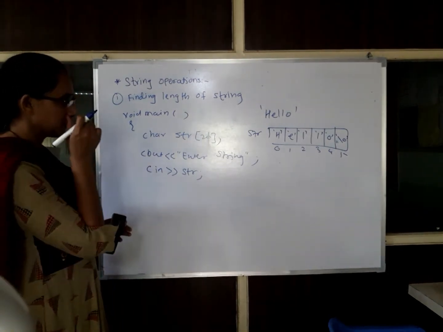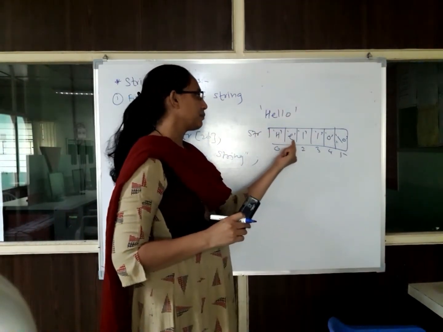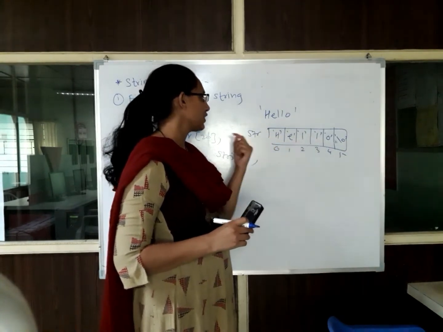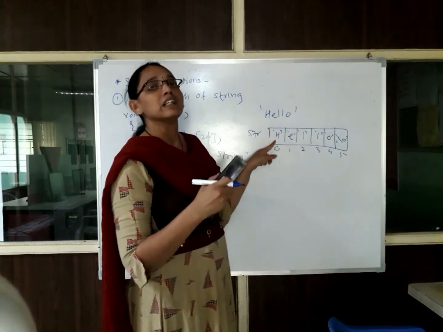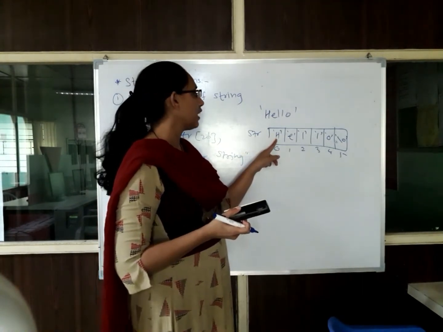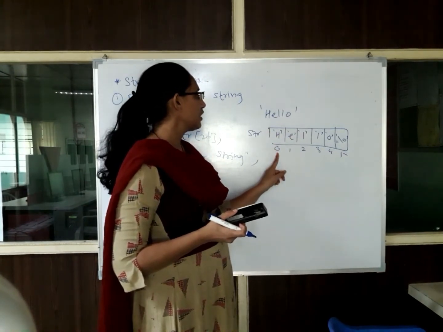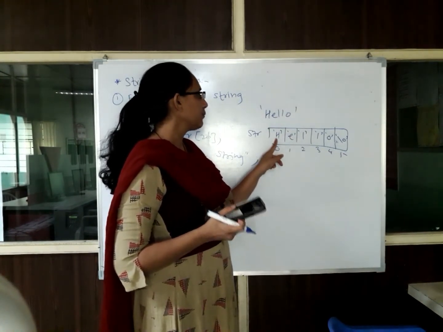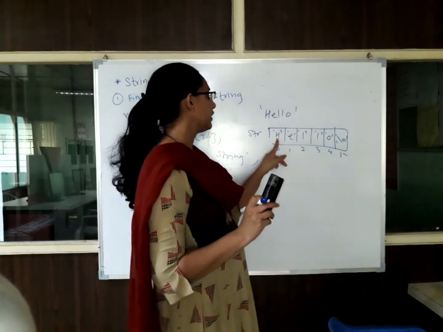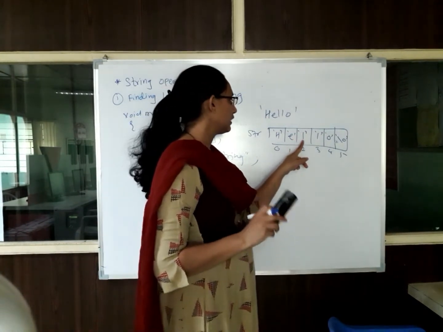One solution you can use is to read the string character by character. When you are reading character by character, at that time you can take one variable and make a count of the characters. At this position there is an H, so it is one character, so increment count by 1. Then E, which is again a character, increment count. Then L, a character, increment count.